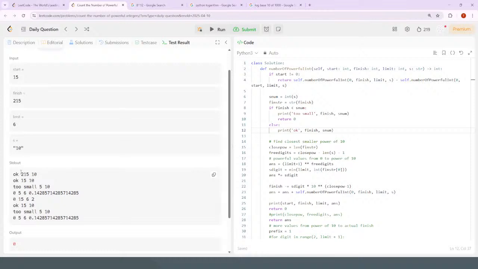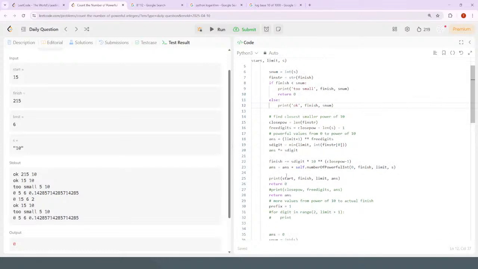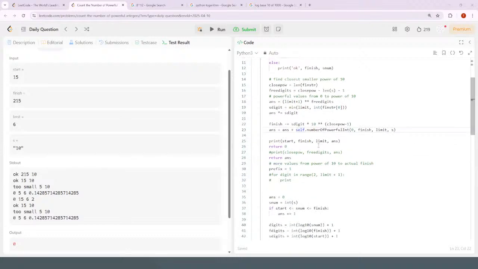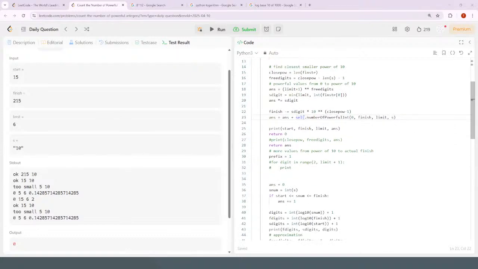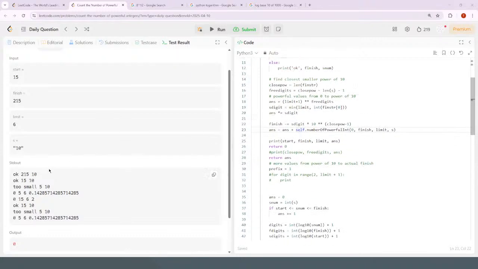Okay, so 215 is fine. 10, too small, 510. So it returned 0. Oh, it returned 0. Well, it returned 0. What's wrong with that?